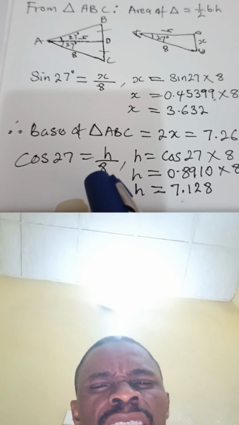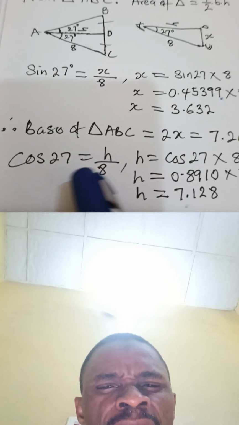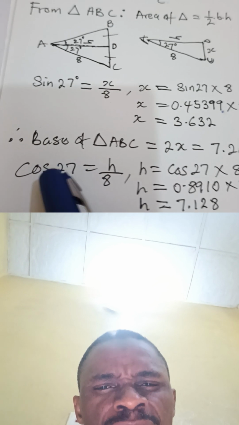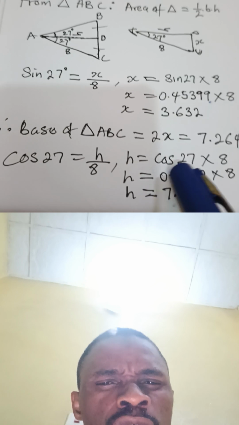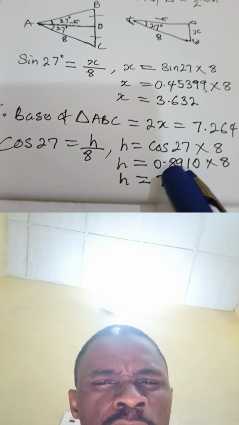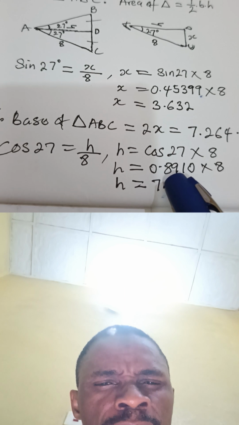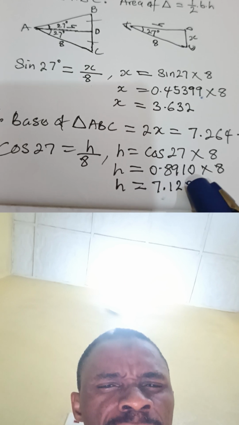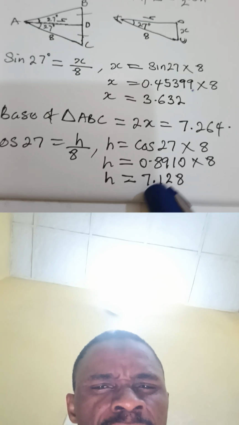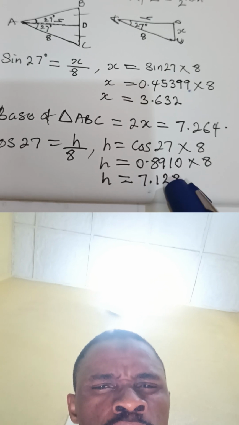So in the same vein, we are going to find the h. For you to find the h, it will be 8 times this one. So h is equal to cos 27 times 8. Your cos 27 is 0.8910. Then times 8, h will give us 7.128.